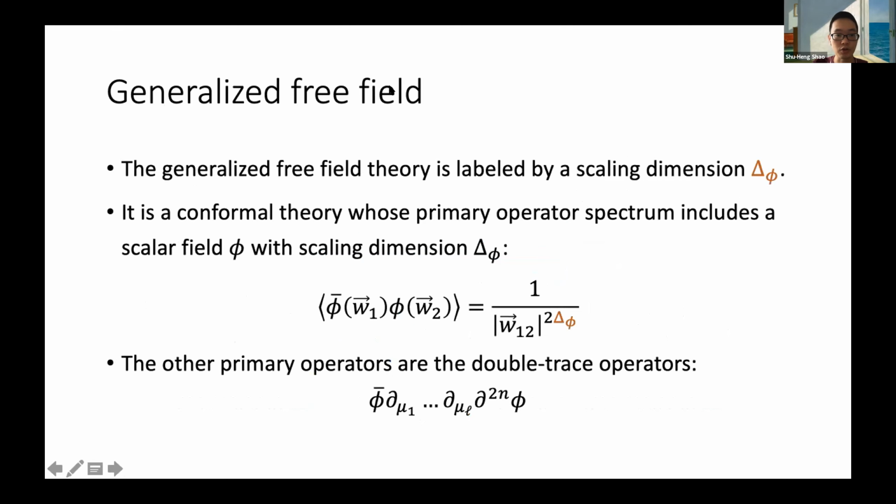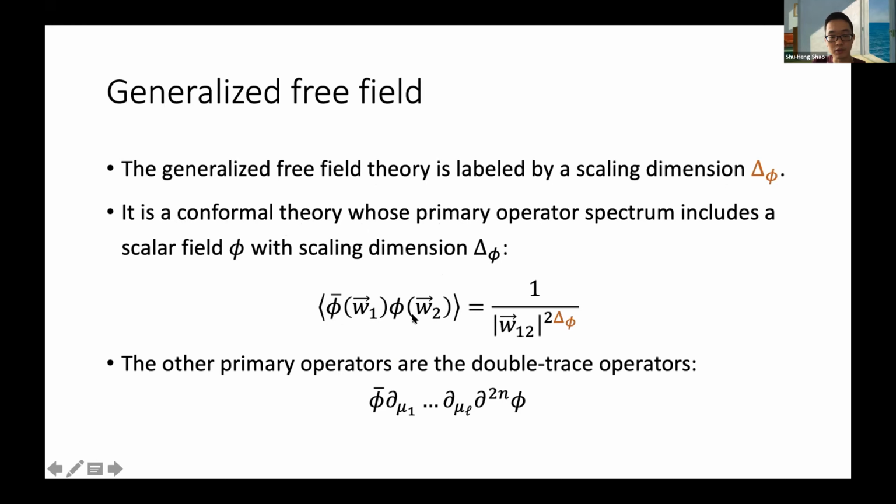So what is a generalized free field? Let me give a lightning review on this conformal theory. It has featured prominently in a lot of the bootstrap discussion and also in AdS/CFT. The generalized free field theory is labeled by a scaling dimension delta phi. It's a conformal theory whose primary operator spectrum includes a single scalar field phi with scaling dimension delta phi.